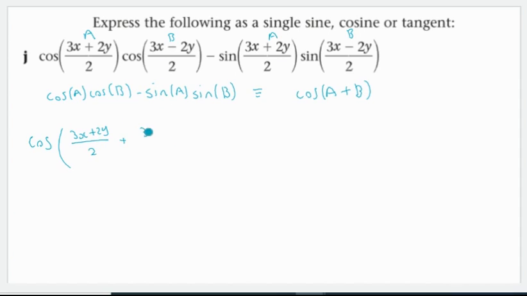B was equal to 3x minus 2y over 2. And just adding these fractions, I end up with cos of 3x plus 3x, because they have the same denominators. That's 6x. 2y and minus 2y cancel, so that's 6x over 2. And that is the same thing as cos of 3x.